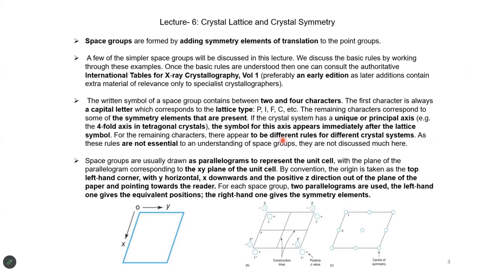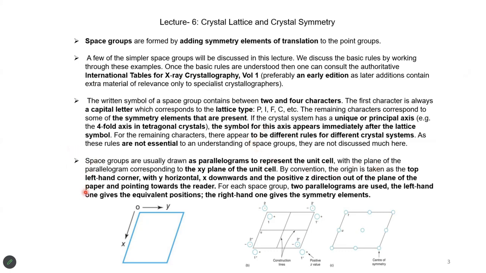But if we do remember the first 2 things, that the first character is the lattice type, and the next character of the space group should be the unique or principal axis symmetry element, if there is any in the crystal system.